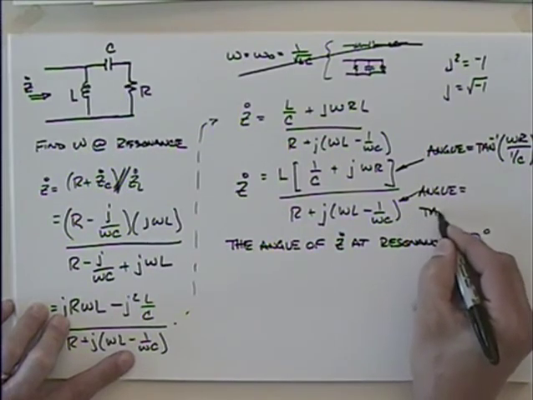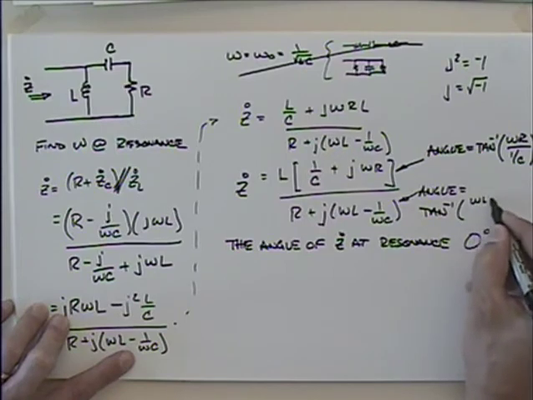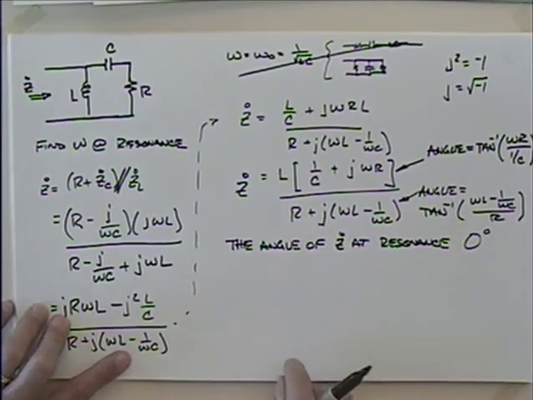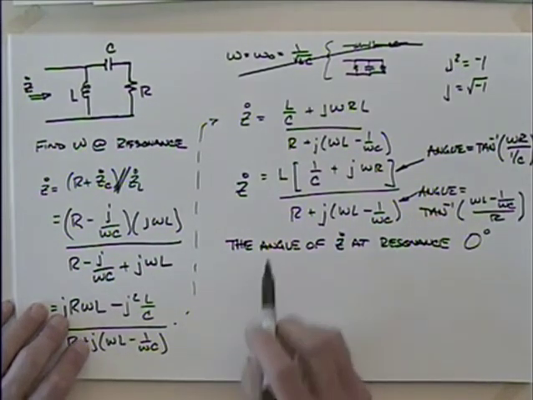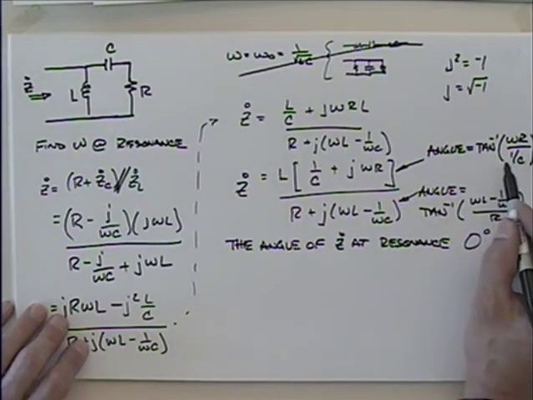It's going to be the arctangent of omega L minus 1 over omega C divided by R. So if we said that the angle of Z is to be 0, wouldn't we be able to say that these two angles would equal each other?